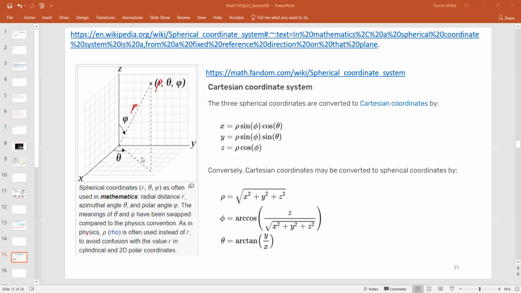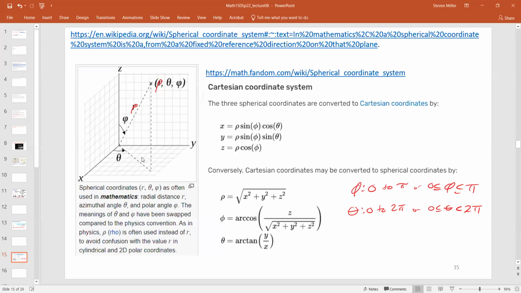That is why in the coordinate systems we use, we typically only have phi go from 0 to pi. Over here, I would be very explicit and say phi goes from 0 to pi, or 0 less than or equal to phi less than or equal to pi. Then theta goes from 0 to 2 pi, or 0 less than or equal to theta less than 2 pi.